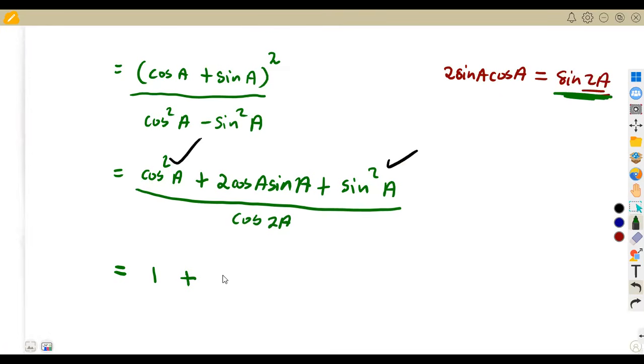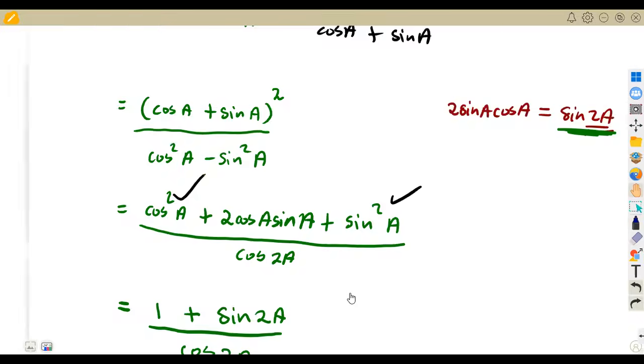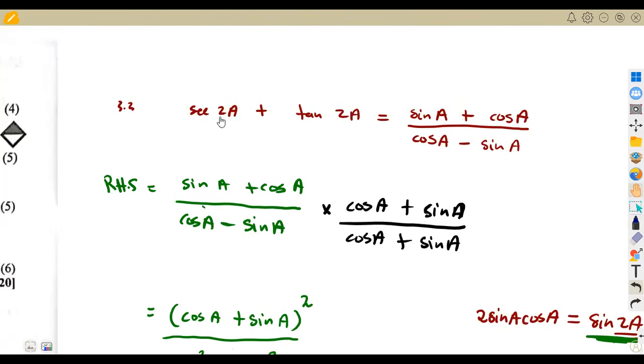All right, so this is going to be 1 plus sine 2A, everything over the cos of 2A. So as you can see, we are almost there because at least we are seeing the 2A that we have in our answer, because our answer, if you check, is written in terms of 2A, sec 2A, tan 2A.